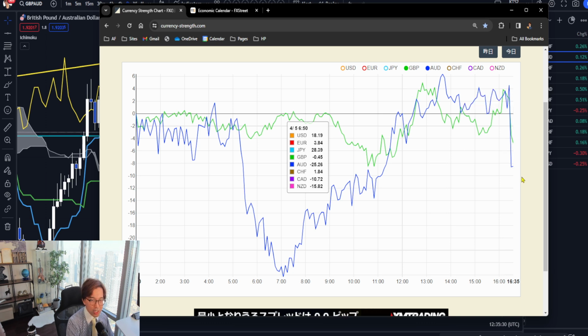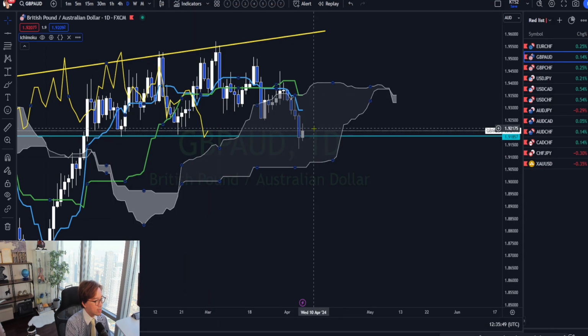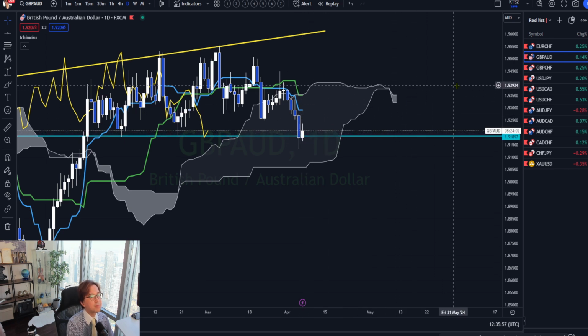So when these two currencies are sold together, what's going to happen in the market? When pound is sold and AUD is also sold as a pair, this becomes range. The market doesn't move. So now it's consolidating and it didn't break the support. That means from next week, I think it continues in a range.